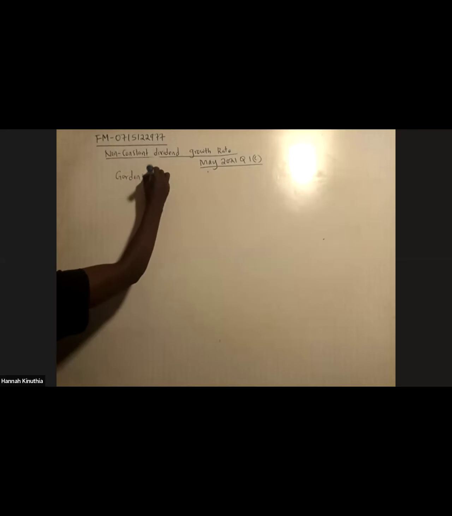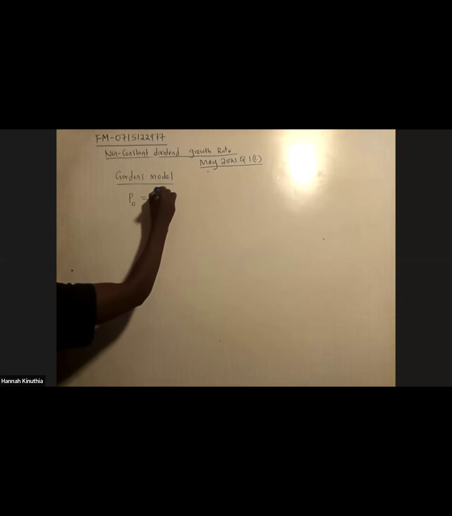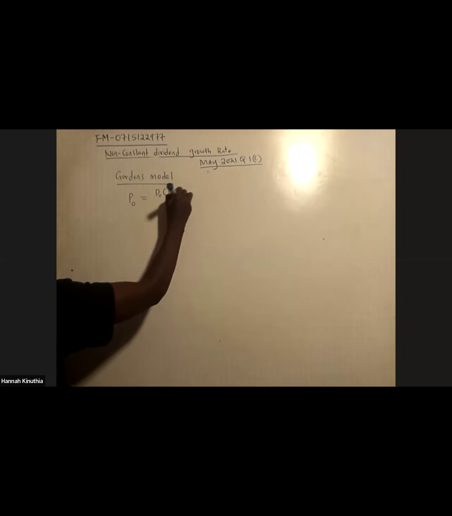I think the question is about Gordon's model. And we know that Gordon's model is equal to D0 (1 plus g) over Ke minus g.